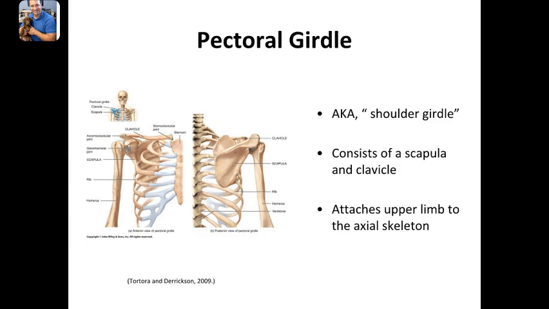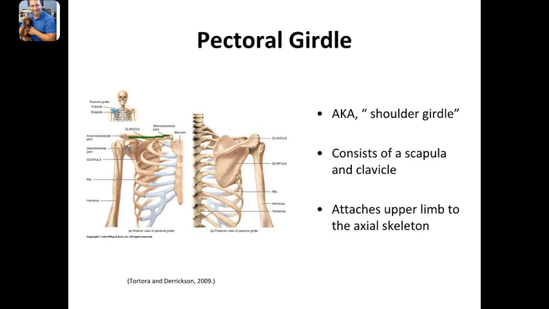The pectoral girdle is comprised of the scapula. That's a triangular shaped wing that we all have two of on the back of our thorax. And then the scapula is attached in the front to the clavicle, or collarbone.